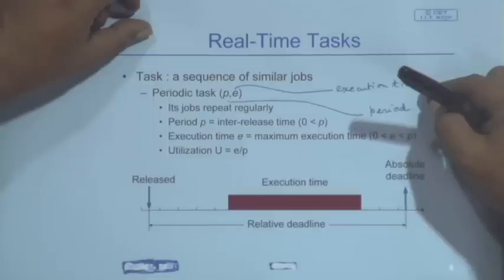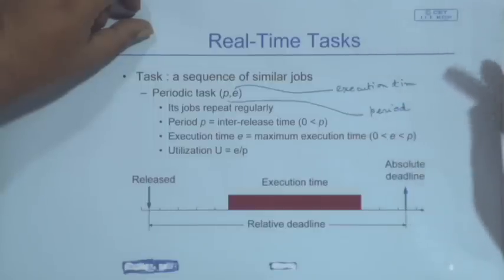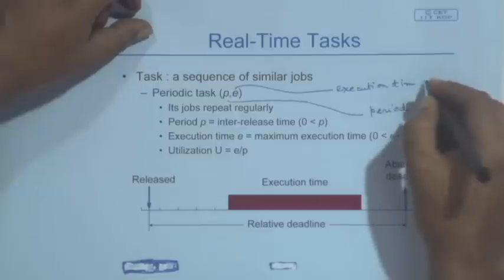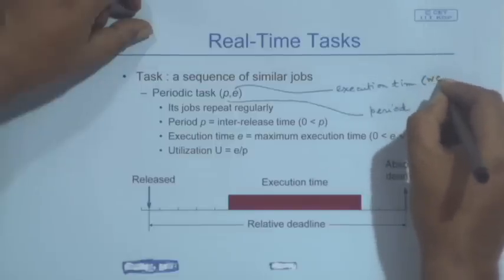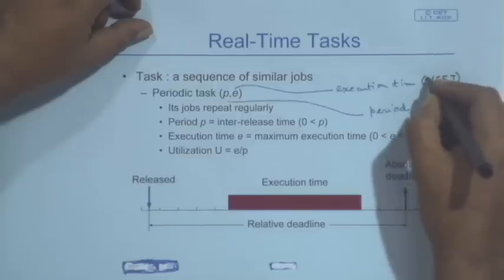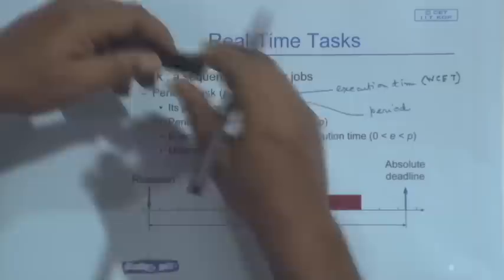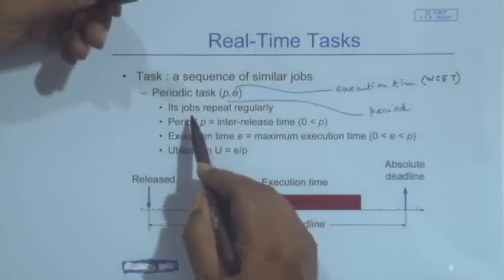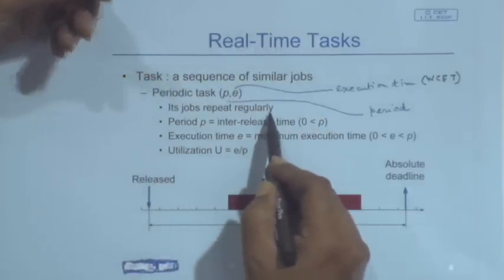Therefore, when we talk of execution time, we usually talk of worst case execution time, all right. Now, since it is periodic, the jobs will repeat regularly.